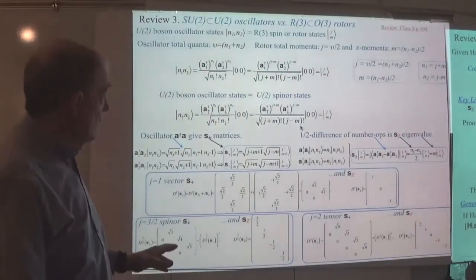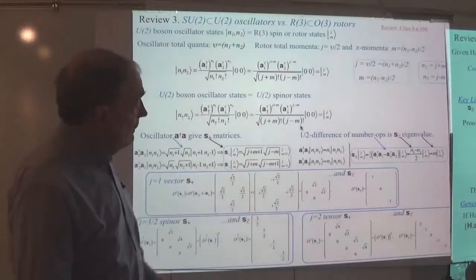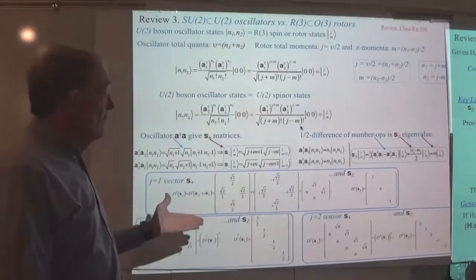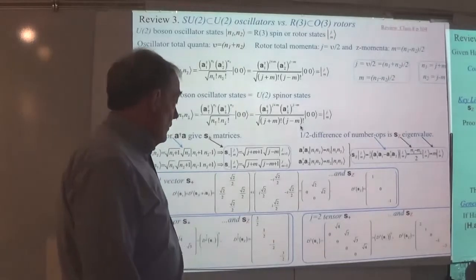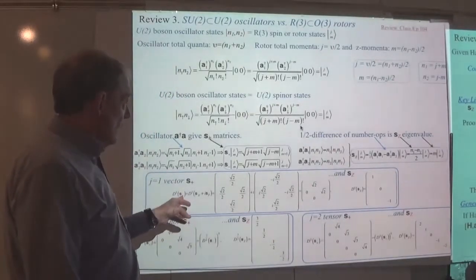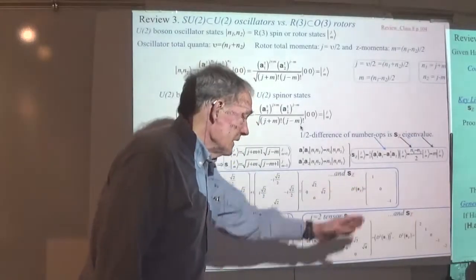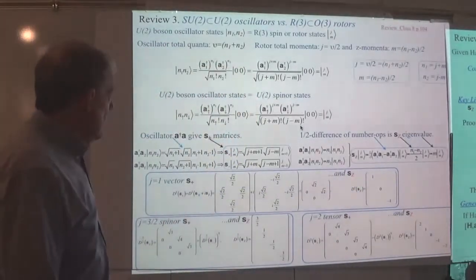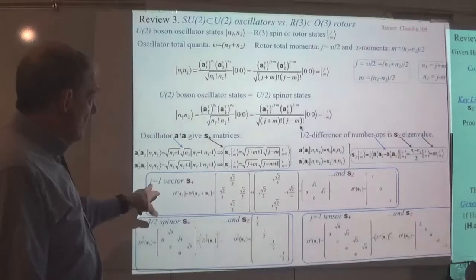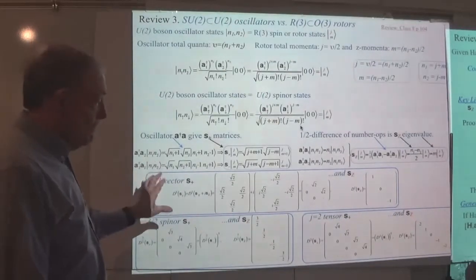So that's a key. And we showed the generators, the equivalents of the spinors, as the raising and lowering operators, and then the z component, which is diagonal, for the vector. That's j equals 1. We'll be very quick.